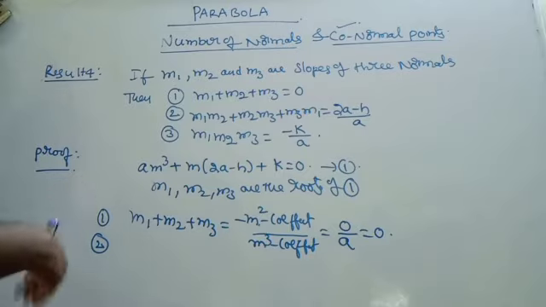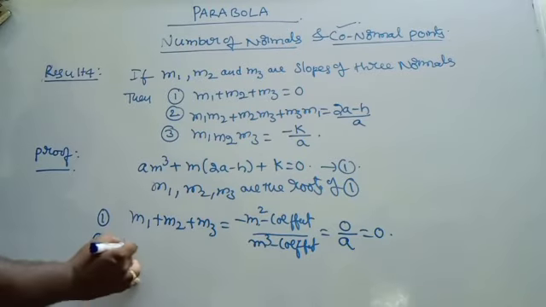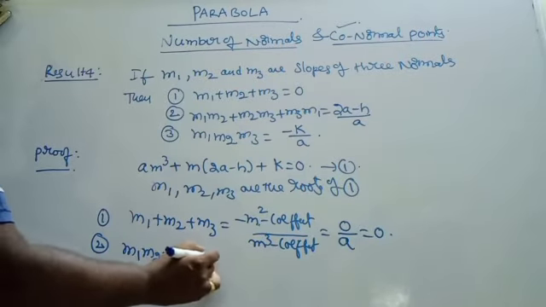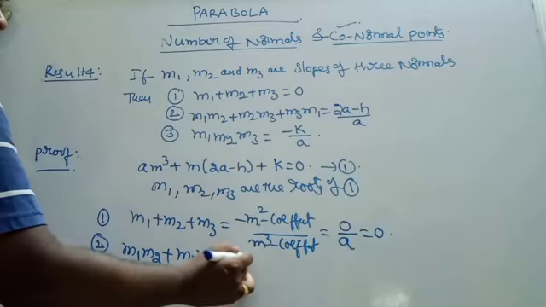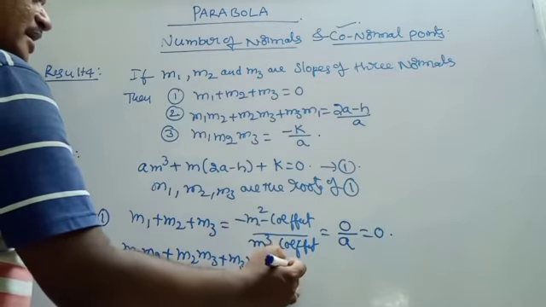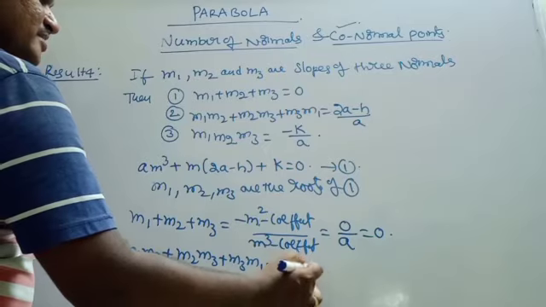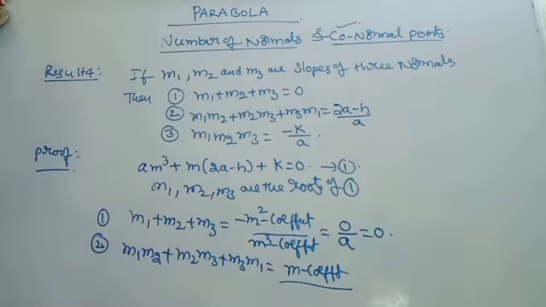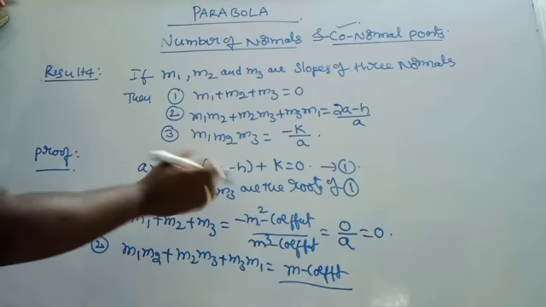Next, we have in theory of equations another concept: the sum of the roots taken two at a time, that is m1m2 + m2m3 + m3m1, is equal to the m coefficient divided by the m³ coefficient. Actually in place of x we are having m here, because this is an equation in m.